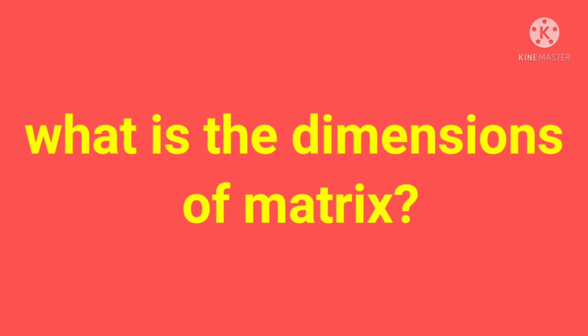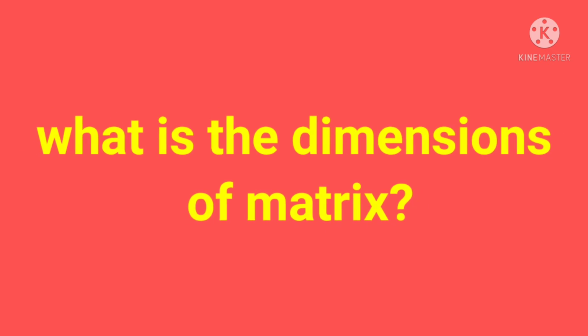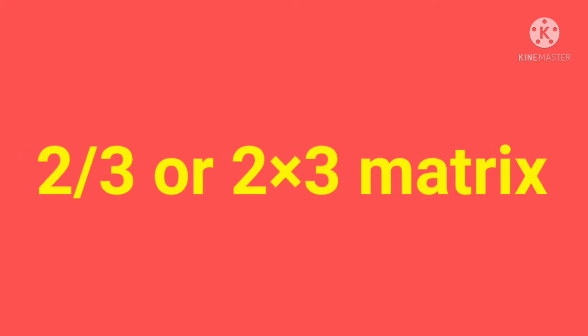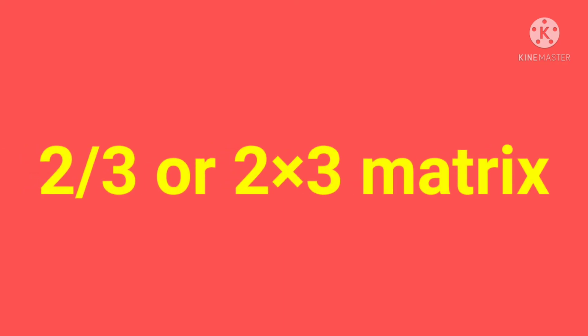Okay, there is some question in the matrix. Suppose someone asks you, what is the dimension of the matrix? At that time you must say this matrix dimension is 2 by 3 matrix, or 2 into 3 matrix.